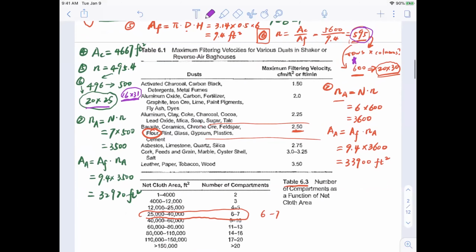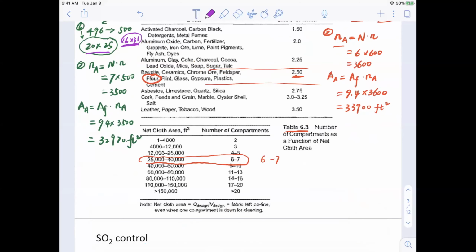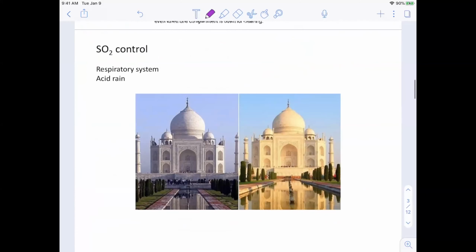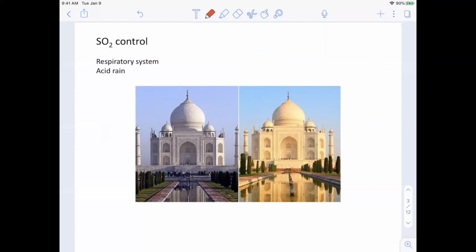So if not, let's just go to the new contents here, right? We're going to spend some time regarding the sulfur dioxide control. We mentioned that sulfur dioxide is one of the criteria air pollutants, which is basically one of the most important air pollutants we carry in the atmosphere, right?